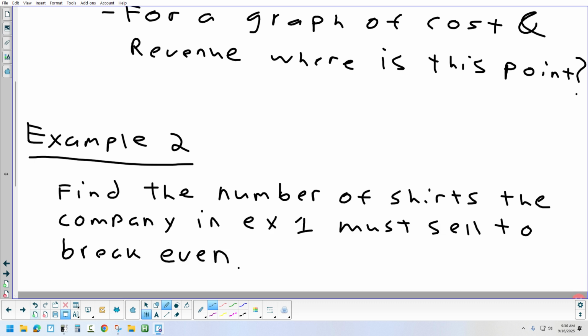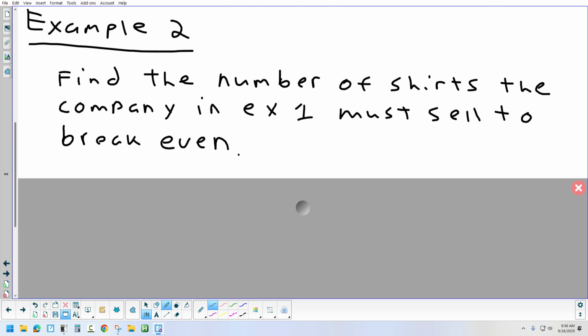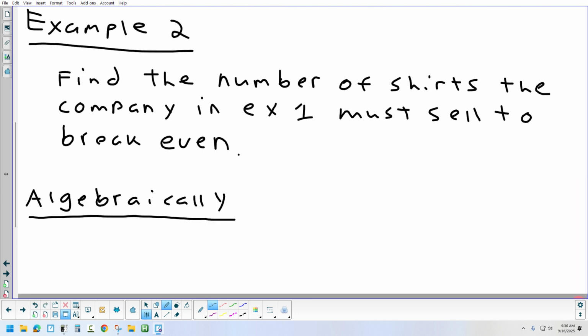So now let's find the number of shirts that the company has to sell in order to break even. Okay, so let's figure that out. All right, let's start by doing it algebraically. So remind me again, break-even point is where what equals what? Declan? Where cost equals revenue. Where cost equals revenue.